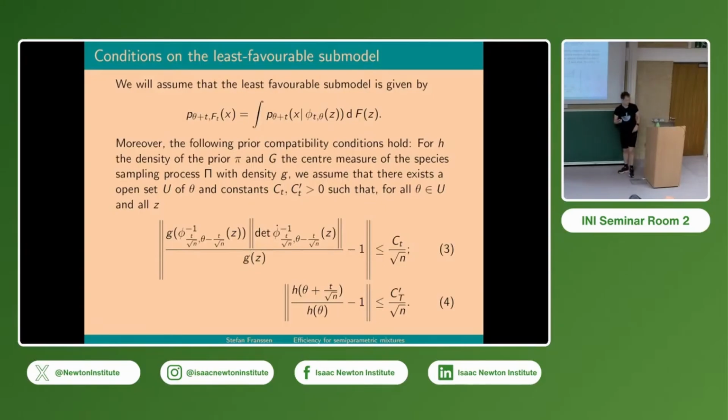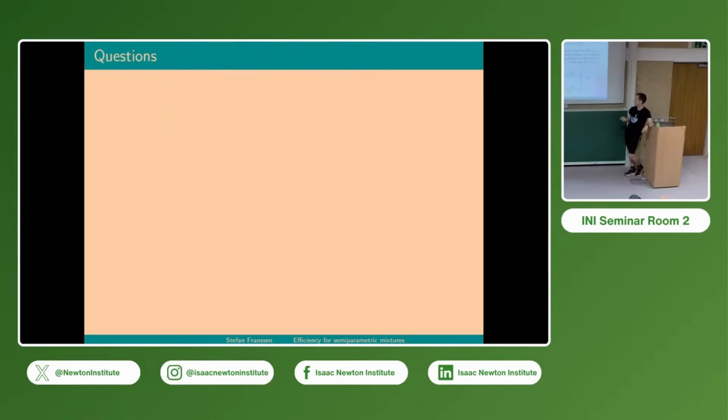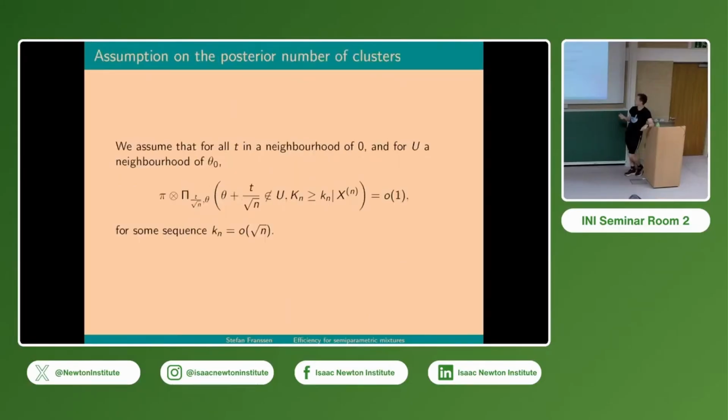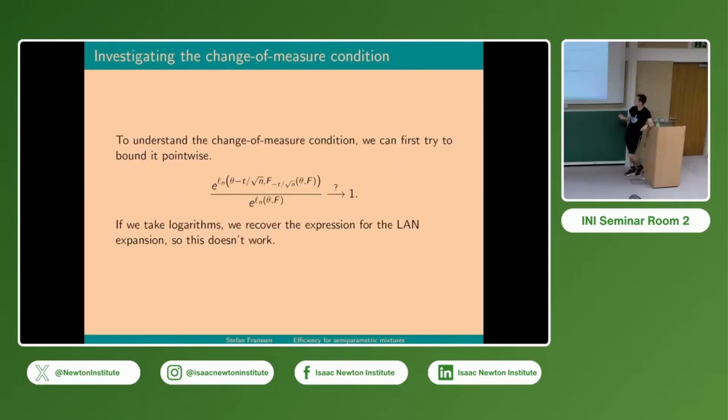I give conditions under which you can verify all these things with only these three assumptions. Then we can verify the change of measure condition. That's more or less the gist, but I said one more word. So we can try to look at why this change of measure condition is so hard.